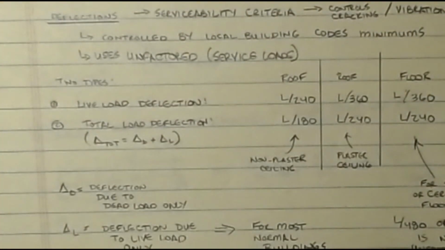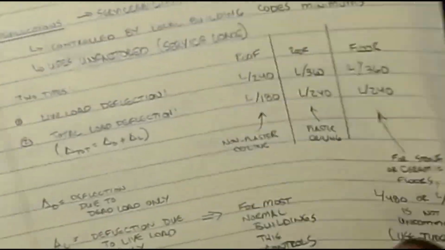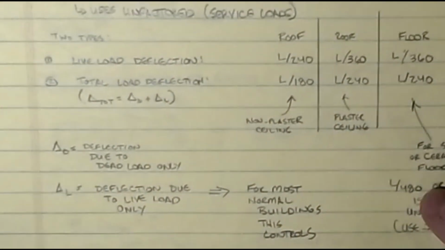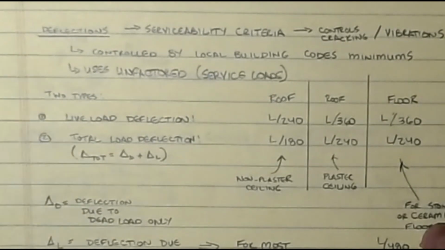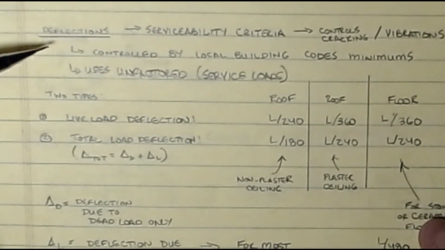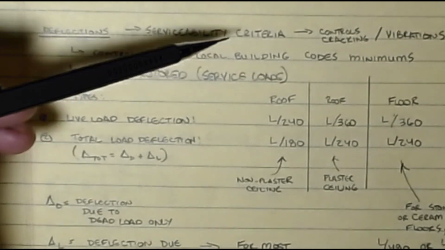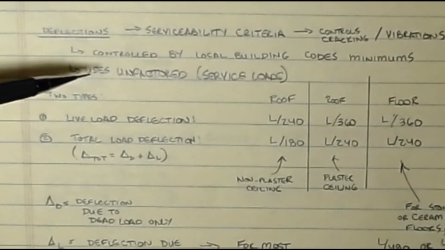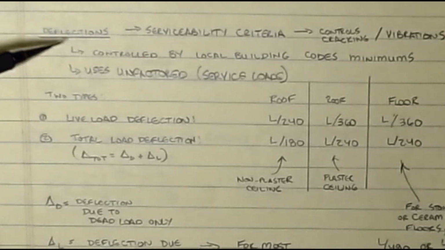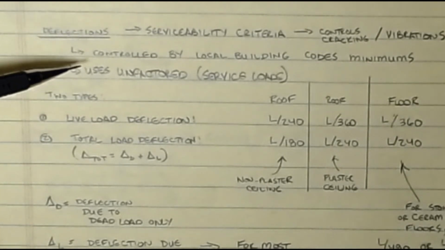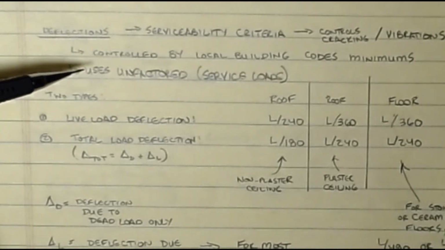Now, what do we do with it? This is where we have to be a little mindful of what we do. Deflections are our serviceability criteria, and as we said earlier, they control things like cracking and vibrations. Generally, these are prescribed by local building codes; local jurisdictions will have minimums for certain scenarios.